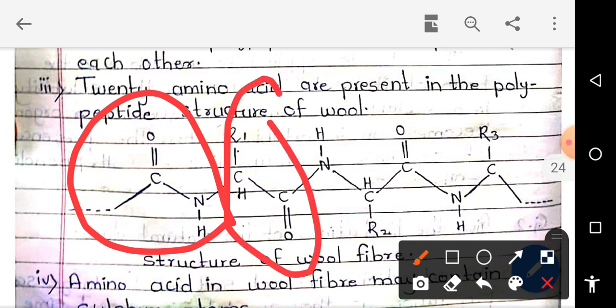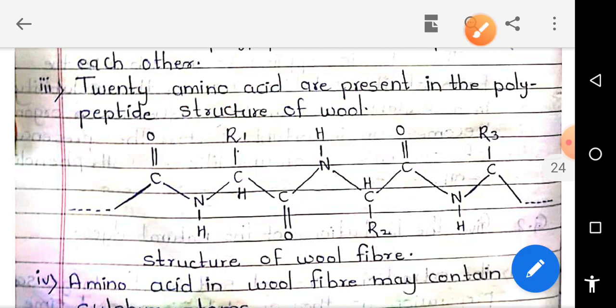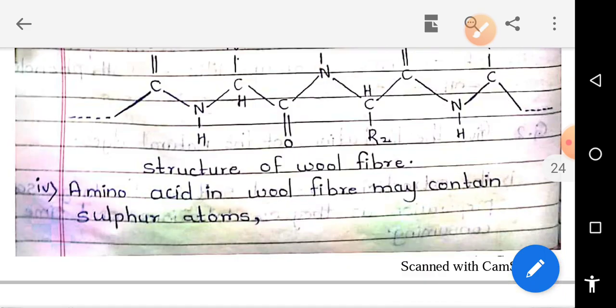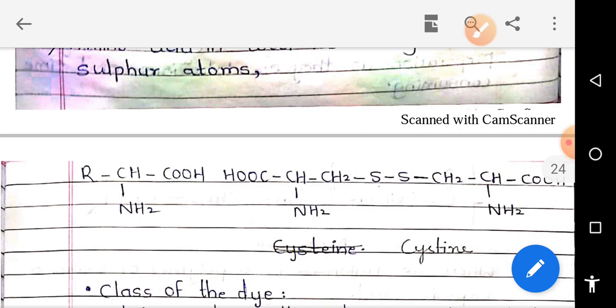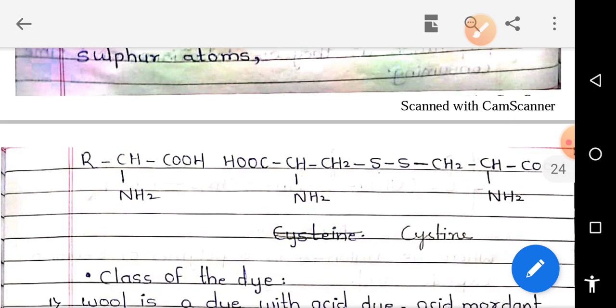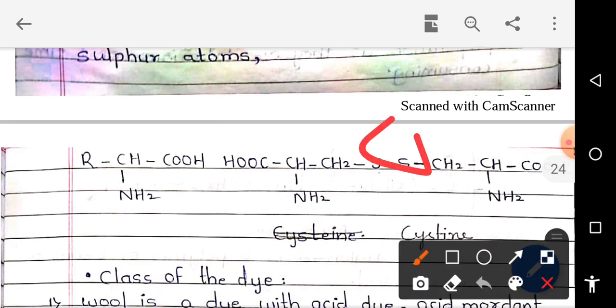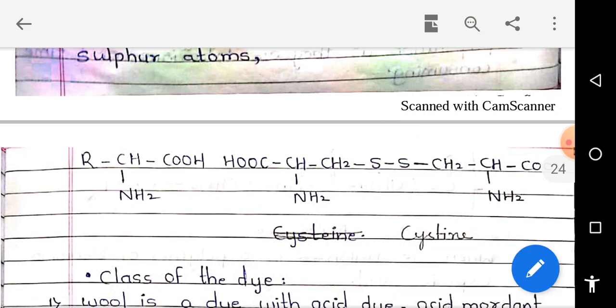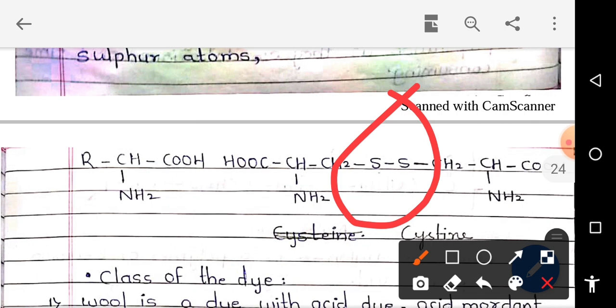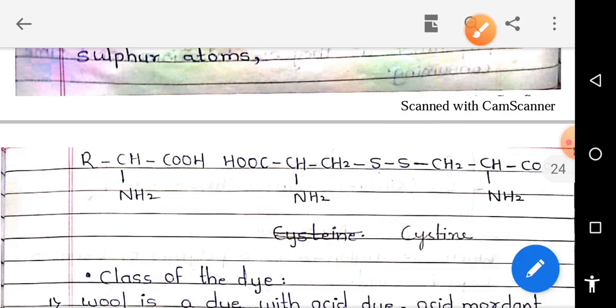This is another structure. These structures join and form the wool. In that, sulfur is also attached. This is the sulfur part. This sulfur part also helps to form strong bonds and gives toughness to the wool fibers.